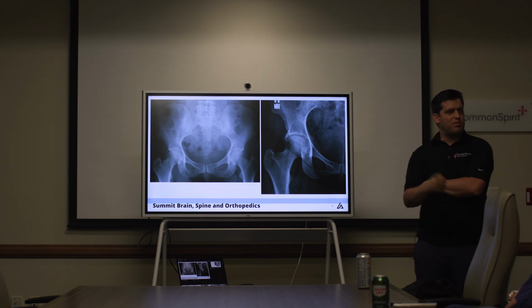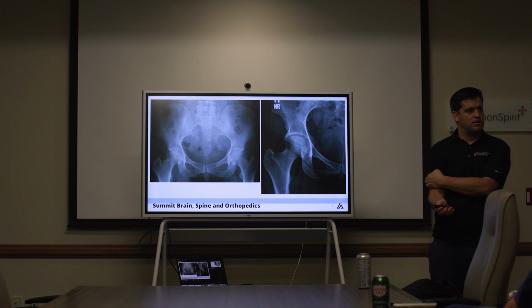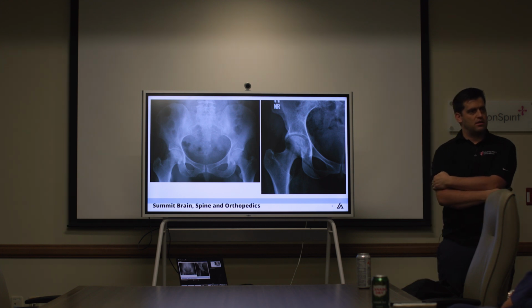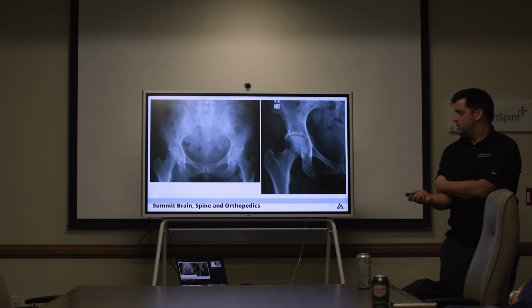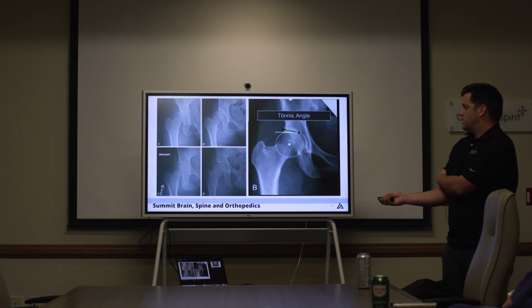Well, here you're probably eyeballing it, but typically you're looking for an angle where you draw a target on the femoral head, and then I use the lateral center edge angle, where we do a horizontal through the ischial tuberosities and look for an angle of 20 degrees. Some people say 20 to 25 is borderline.